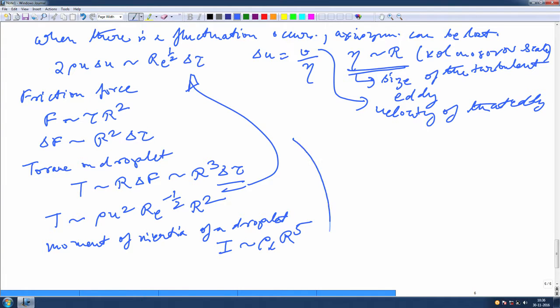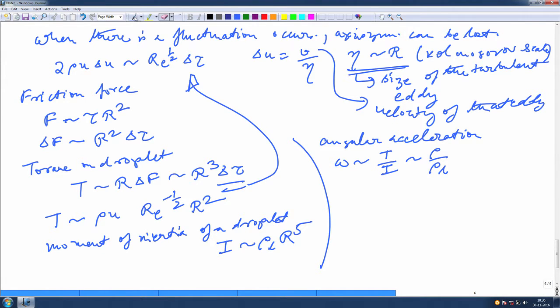So, the angular acceleration that happens is basically given as T by I, which is also given as rho by rho L. This you can write if you want as u comma v, that would be the correct way of writing it. So, this is rho by rho L into u into v, Reynolds number to the power of minus half, r. Got it? So, that is the angular acceleration.